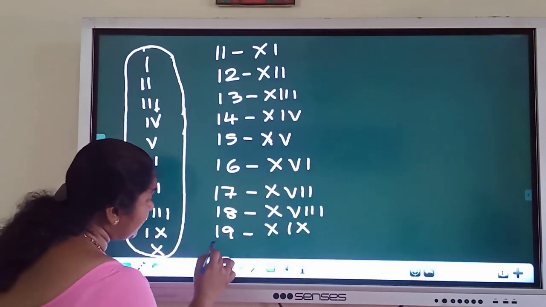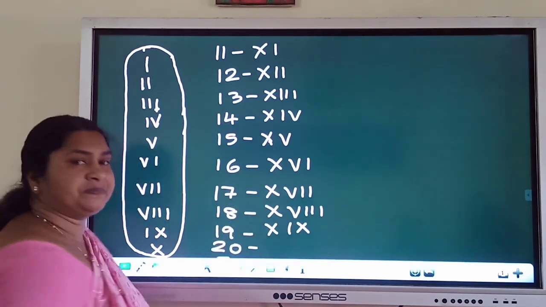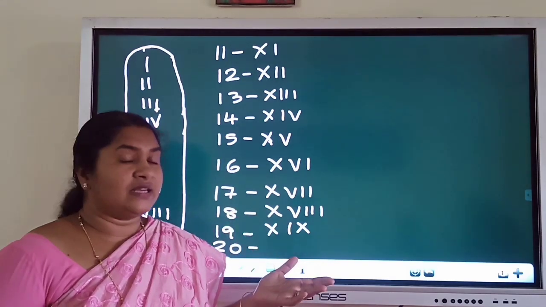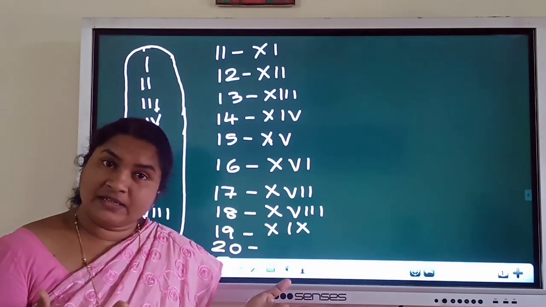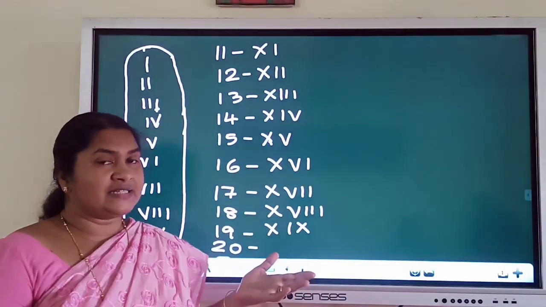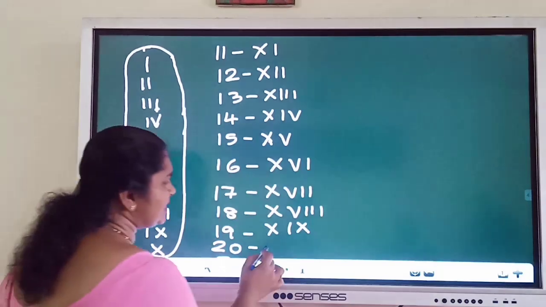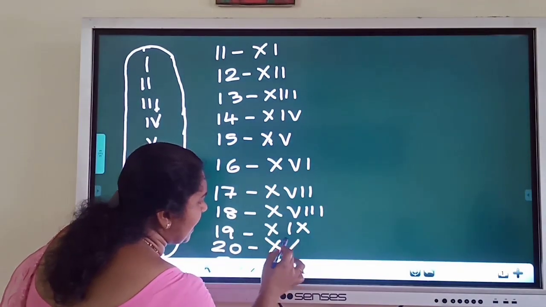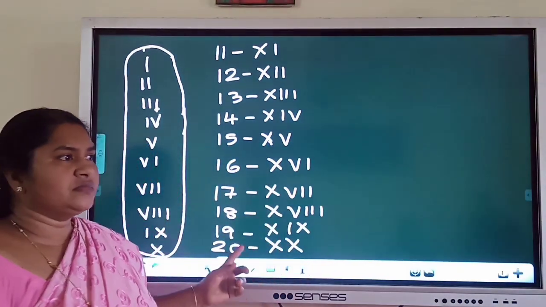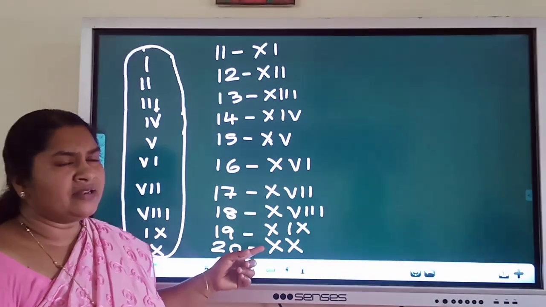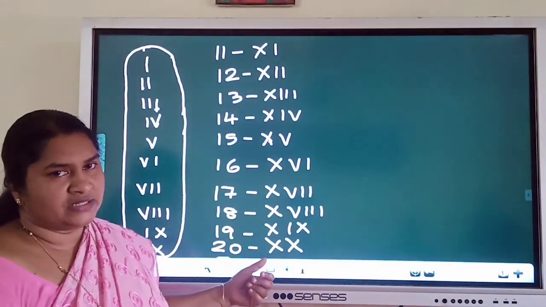See? And the last one here, 20. We are allowed to repeat digits, that is letters, but not more than 3. Here 20 means 10 plus 10. So XX. Did you understand? XX means 20.